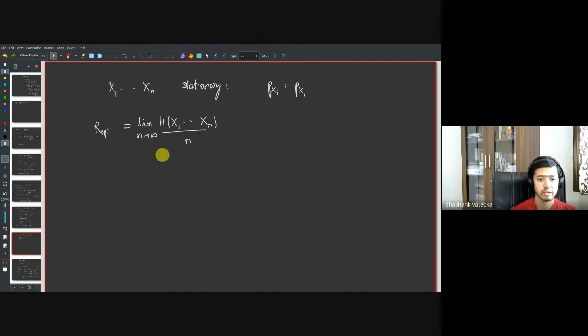On the other hand, if Xn is stationary and ergodic, then this quantity always exists, and it's called the entropy rate of the sequence.